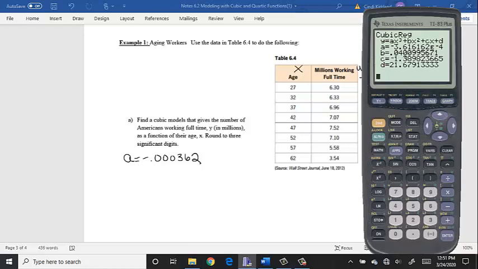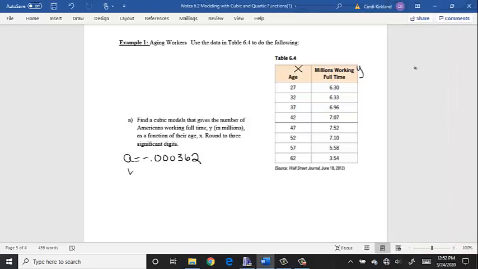Our B value, 0.040. The C value, negative 1.389. That's going to round up and become negative 1.390. And D would be 21.679. That's going to stay the same. So I'm going to write these coefficients out for you. B, 0.040. C, negative 1.390.